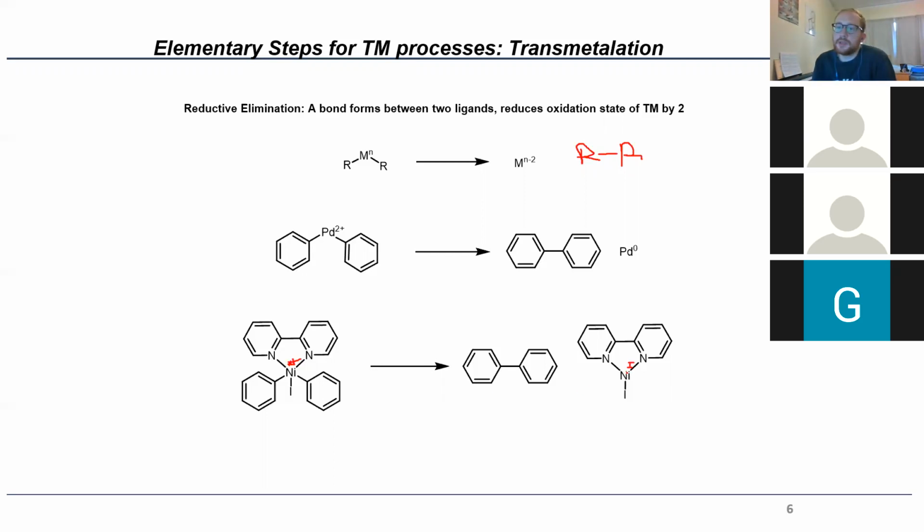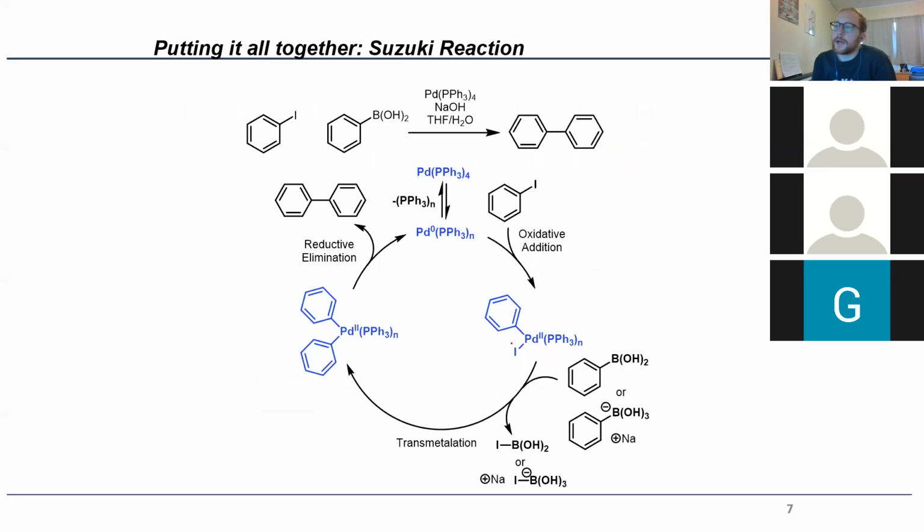One of the most noteworthy reactions, I think, of the 20th century is the Suzuki reaction. It won a Nobel Prize in 2010, along with many of the other cross-coupling reactions that we're going to learn later in the class.